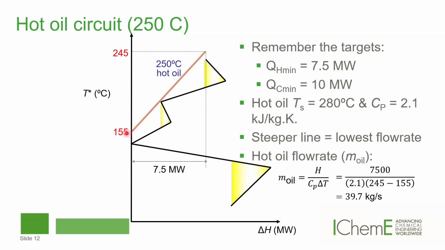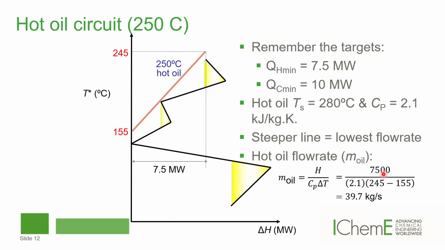Now the other end of the line is 155. Like so, we calculate the mass flow of the hot oil, and that is 7,500 kilowatts, which is our hot utility, divided by the CP and delta T of the oil. And here the delta T of the oil is 245 minus 155.